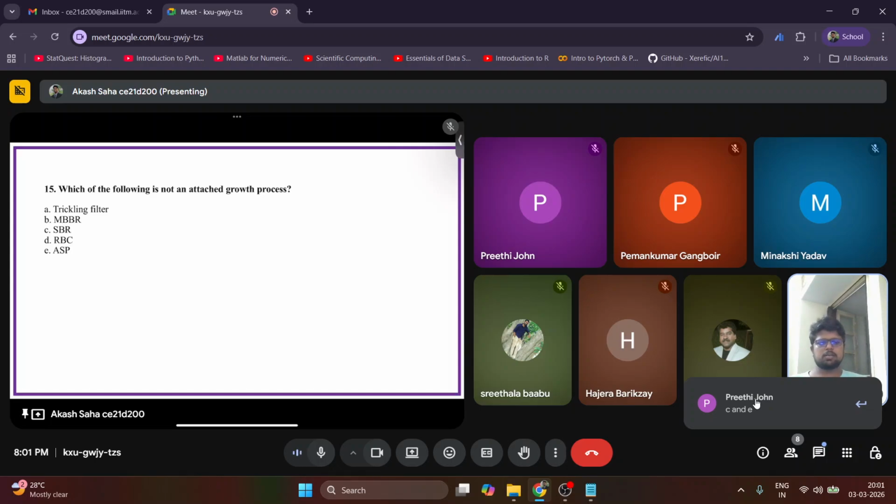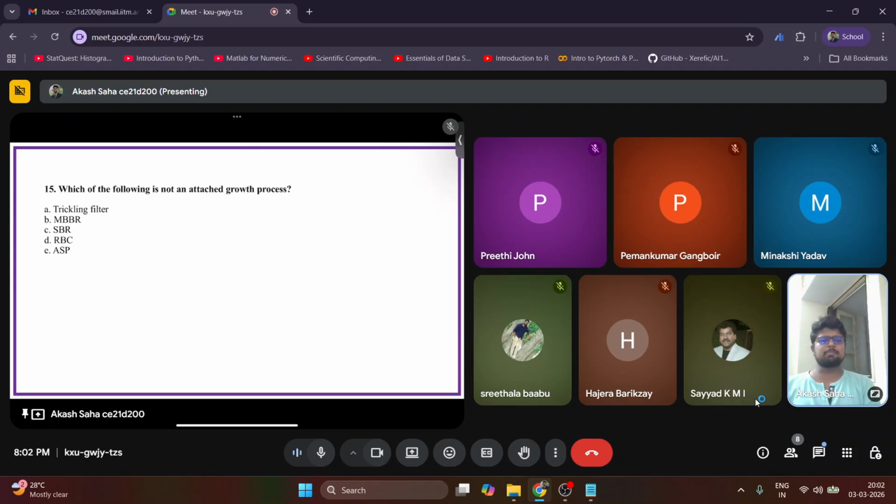C and E. C is the sequential batch reactor, which is nothing but a modification of ASP. Instead of using separate reactors as in ASP, we do everything in a single reactor. Both SBR and ASP are suspended growth processes, because there is no media for biomass to grow on, whereas in a trickling filter we have a media.